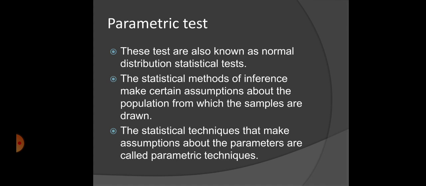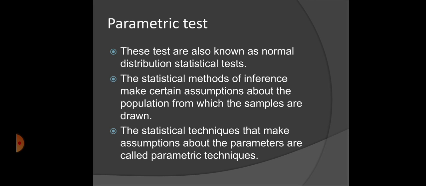So let's see the parametric test. Parametric tests are also known as normal distribution tests. The statistical methods of inference make certain assumptions about the population from which the samples are drawn. The statistical techniques that make assumptions about the parameters are called parametric techniques.